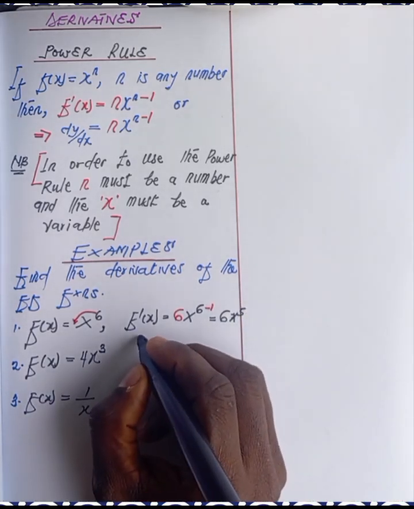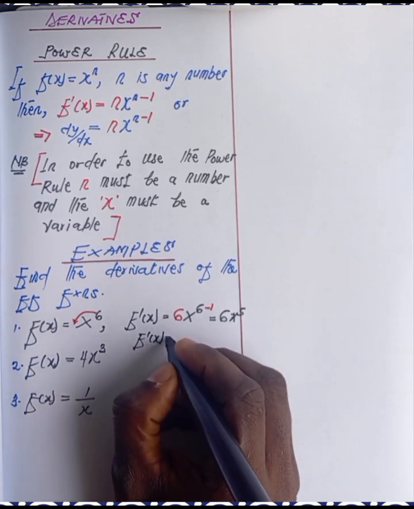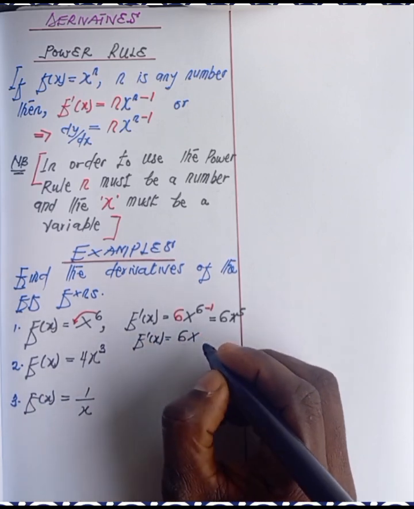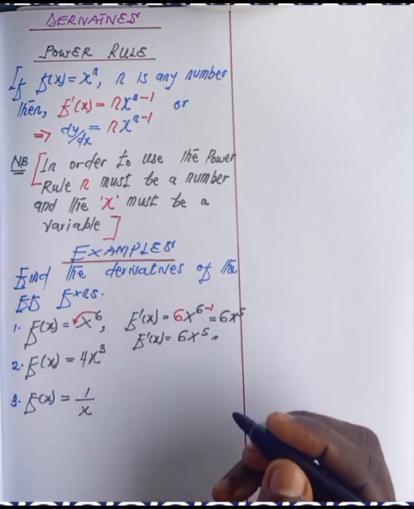So the derivative f prime of x is equal to 6x exponent 5.